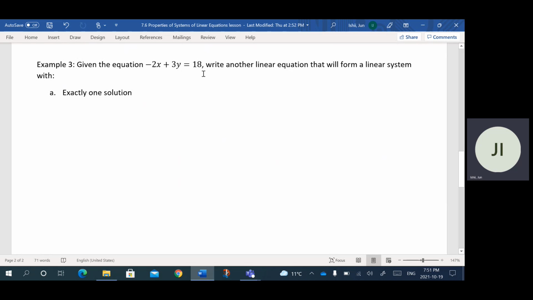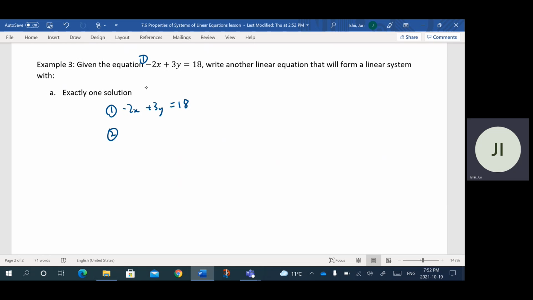We're given an equation of one of them, and we want to write another equation that will form a linear system with, again, exactly one solution. So you can just go negative 2x plus 3y equals 18. This is the equation that's given, and we want to create a second one where the system would have exactly one solution.